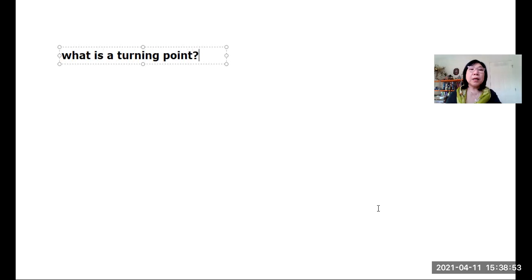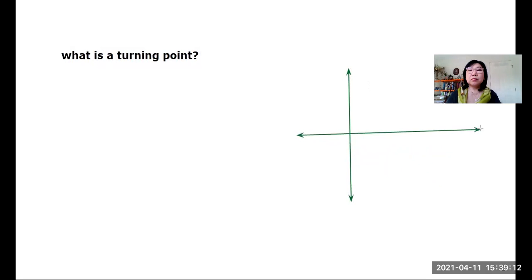Let's say I have a function. Let me draw it on the coordinate plane, maybe better this way. Okay, let's say I have a function, and I'm going to show the turning point.